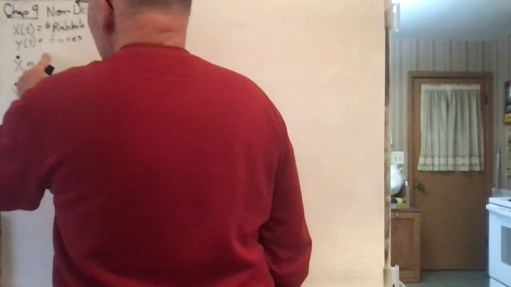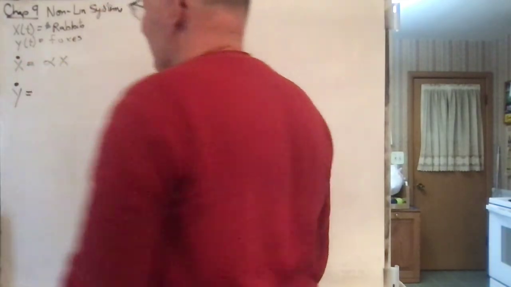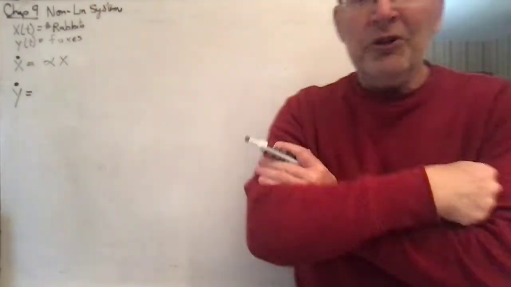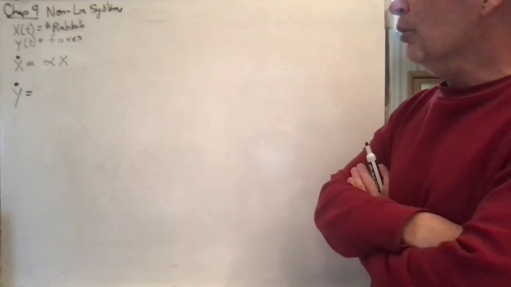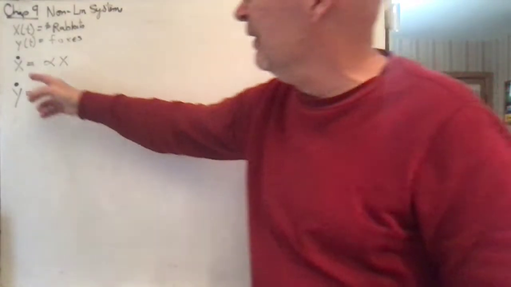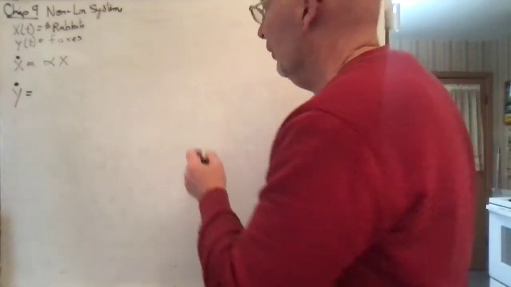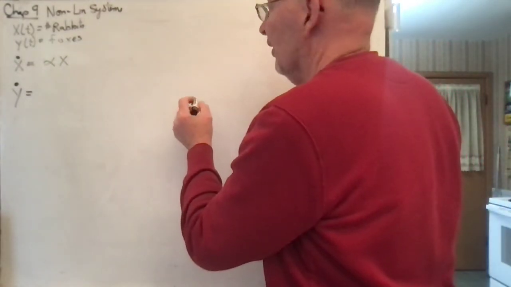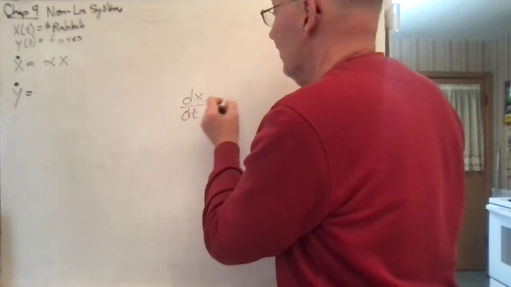Let's think, okay, if you didn't have any foxes at all, then again these rabbits are going to just multiply prodigiously and just kind of grow exponentially. Okay, so that's going to be your exponential growth, where the amount of increase depends on how much is there. And if you remember doing this, let me just remind you, dx/dt is equal to alpha x.